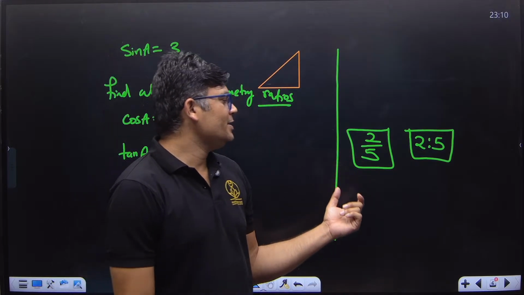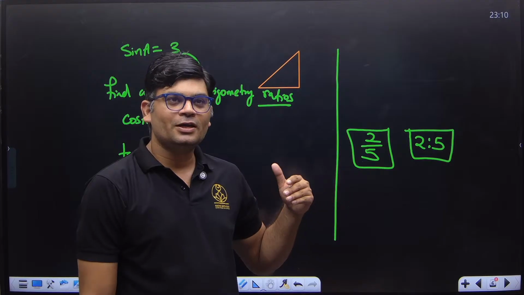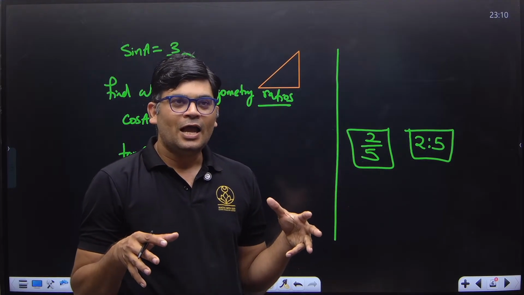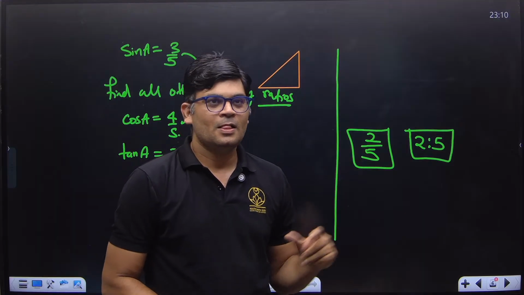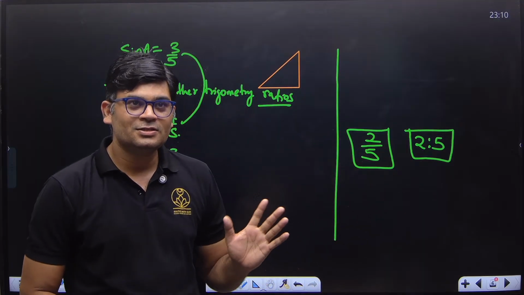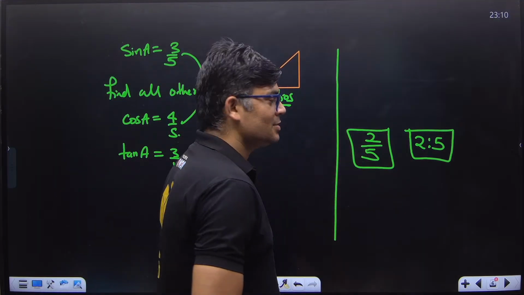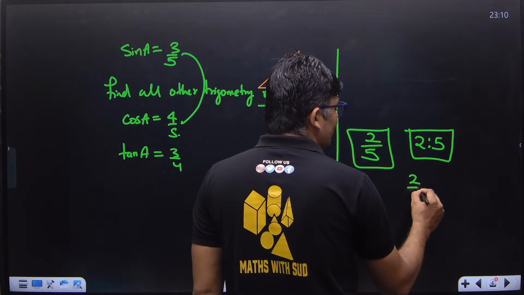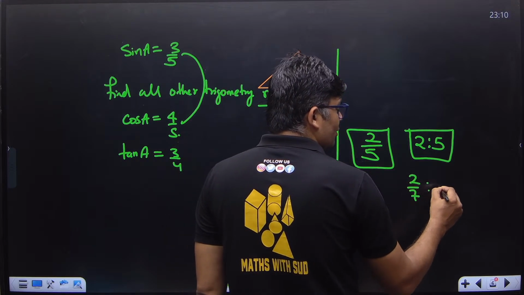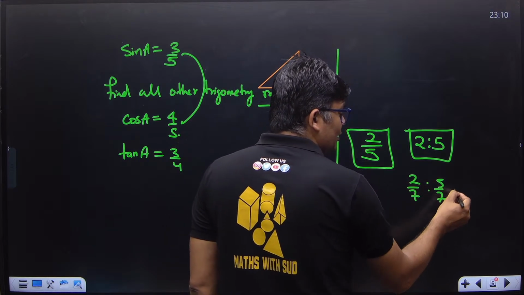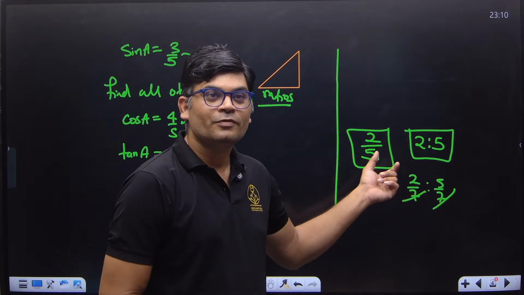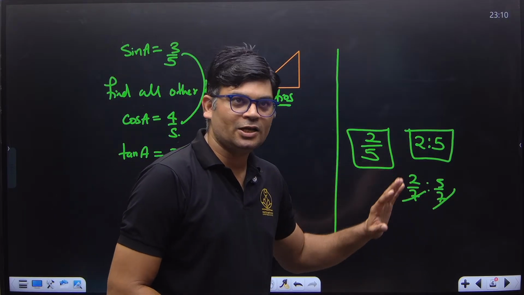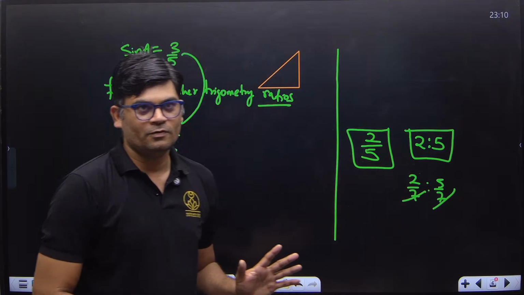2 over 5 means there was a big piece and there were 5 equal pieces and they took 2 out of it. But 2:5 is, there are 7 pieces and we took 2 out of 7 and then we took 5 out of 7. This 7 and 7 got cancelled. So the ratio is 2:5. Mathematically, numerically, both are equal, but in real life, they are not equal.